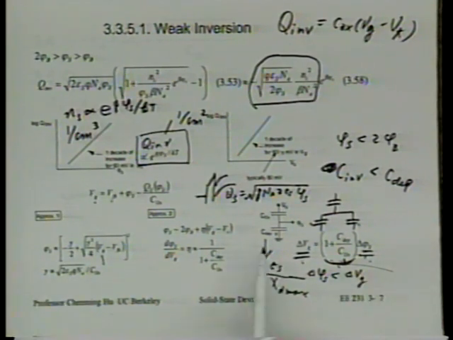That makes sense. Delta phi s is always a fraction of delta Vg because delta Vg is divided by a divider to create this delta phi s. And finally, the ratio between the two is this quantity, 1 plus C depletion over C ox. So we have to remember that. There's a ratio 1 plus C depletion over C ox. Okay?